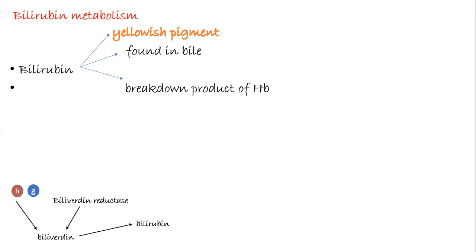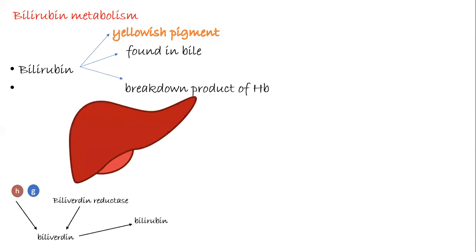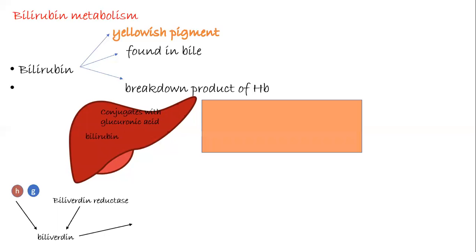Now this formed bilirubin is the unconjugated form and it is going to move inside your liver. Inside the liver, it gets conjugated with glucuronic acid and this conjugated bilirubin then moves inside the intestine. Inside the intestine, the bacterial flora cause oxidation and metabolism of this bilirubin, converting it into urobilinogen.